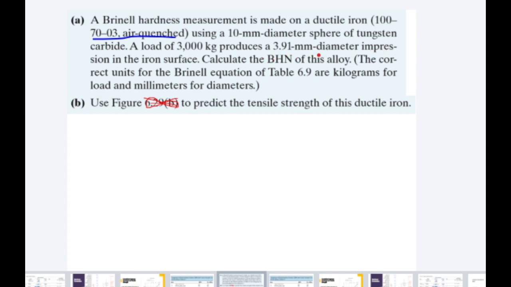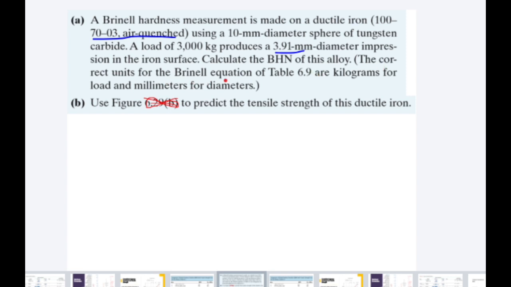So the diameter of the impression is 3.91 millimeter. Calculate the Brinell hardness number of this alloy, right? For this alloy, which is the ductile iron, this 173 air quenched alloy, we have to calculate the Brinell hardness number.